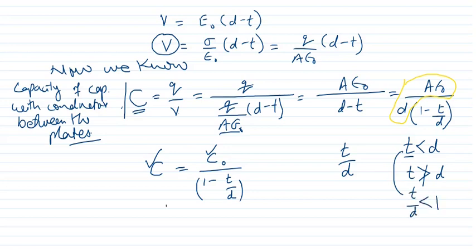Anything which is divided by less than 1 will become more. So therefore the capacitance is greater than the capacitance of the capacitor without a dielectric.